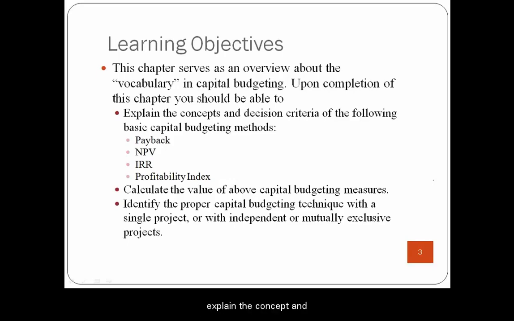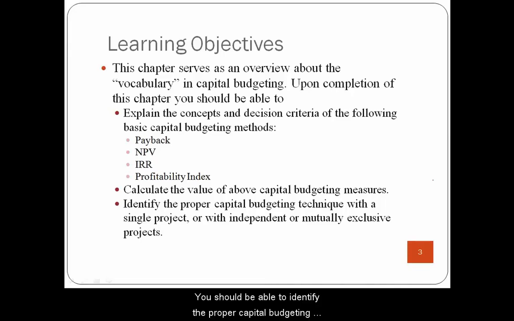So we should be able to explain the concept, calculation, and decision criteria related to the following basic capital budgeting methods: payback, NPV, IRR, and profitability index. There are two more introduced in your book, discounted payback and MIRR, the modified IRR, but as we will mention later, they will not be required for this class.